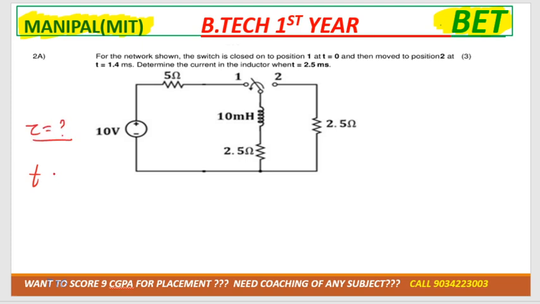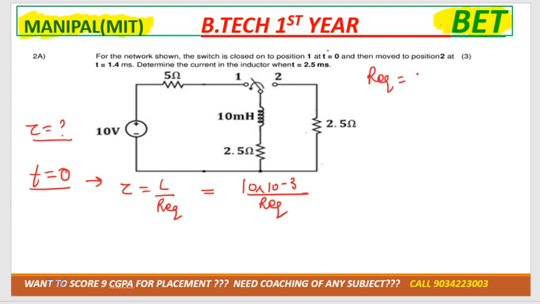For calculation of tau, draw the circuit at t equals to 0. Tau formula is equals to L divided by R equivalent. L is how much? 10 millihenry means 10 into 10 raised to power minus 3. R equivalent we need to calculate. R equivalent is equals to the RTH as we have done in the Thevenin.